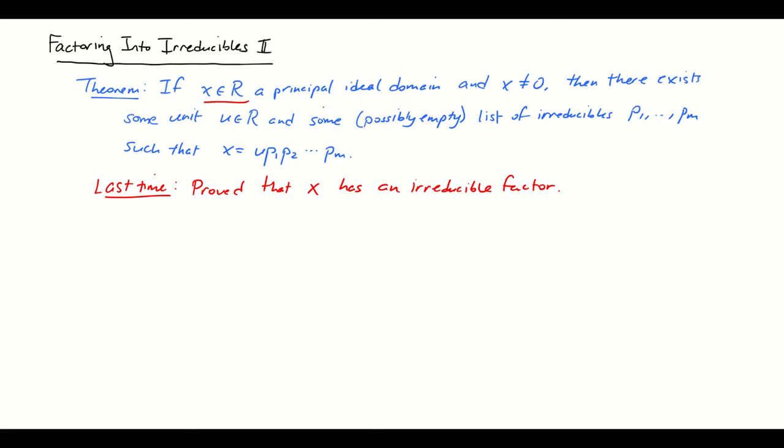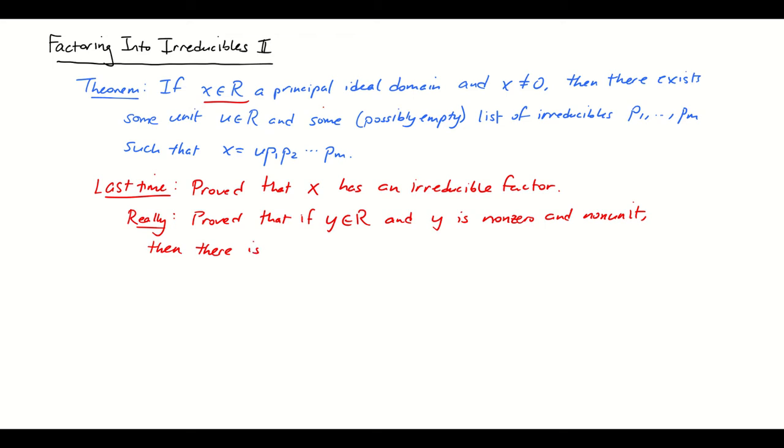All right, so really what we proved is that if y belongs to R and y is non-zero and non-unit, then there is some irreducible p and some y prime in R, such that y equals p y prime.